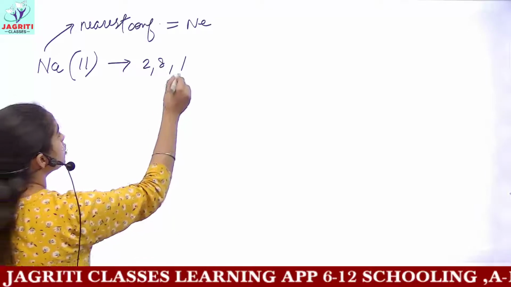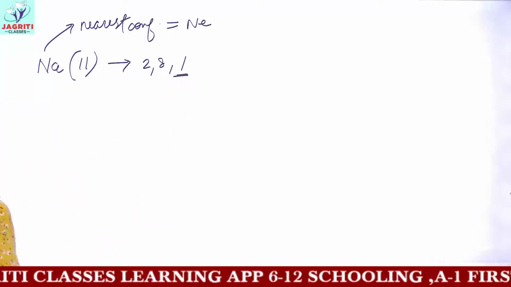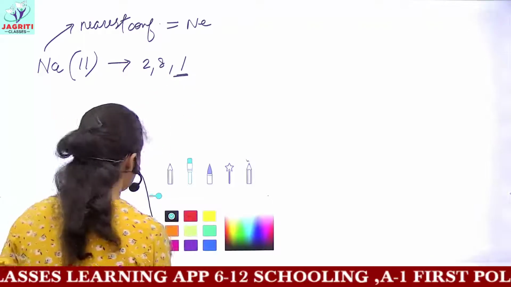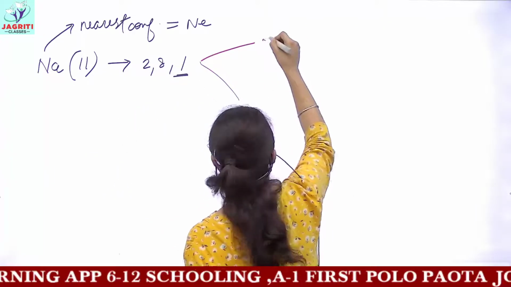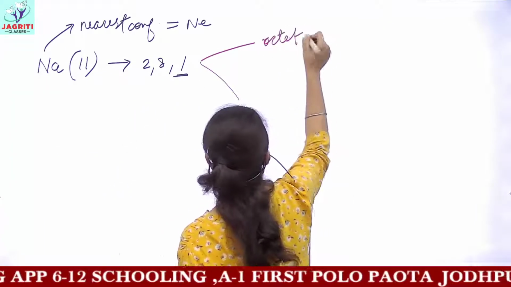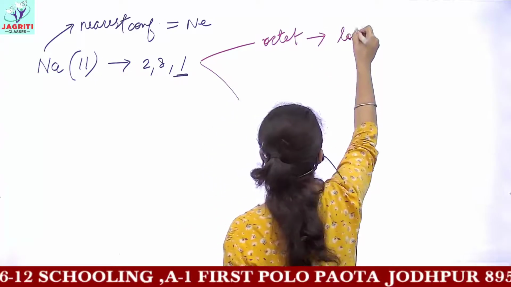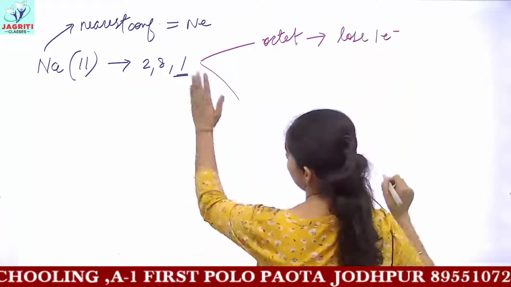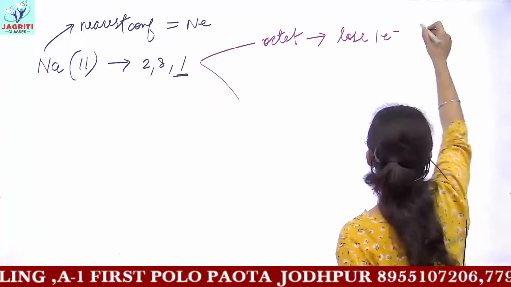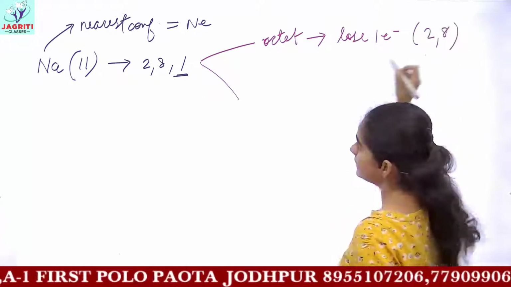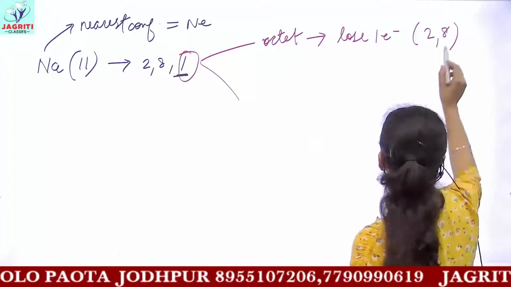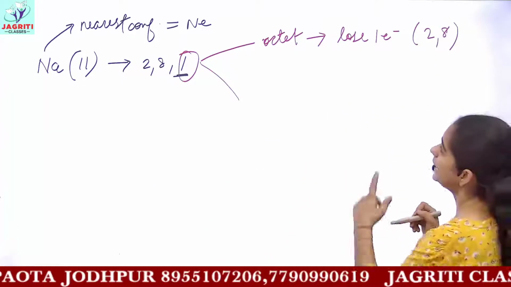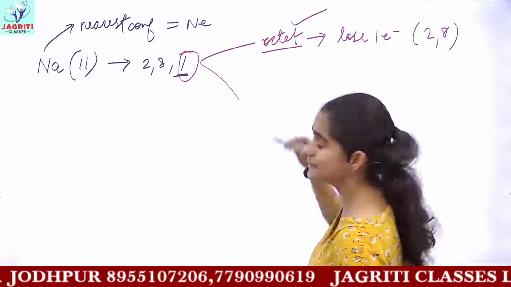Now sodium wants to lose 1 electron, because similar to fluorine, it has two possibilities. If it wants to follow the octet rule, then it can lose 1 electron. If it loses 1 electron, the configuration would become 2 and 8, because this outermost electron would be lost. And this, according to the octet rule, would be stable.